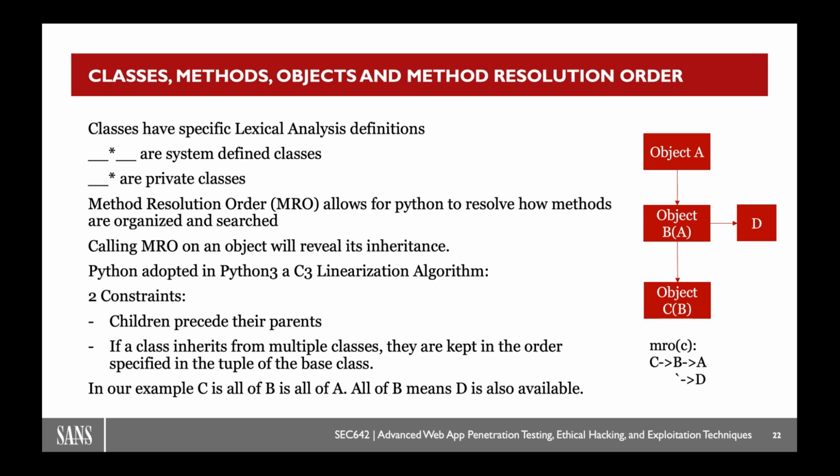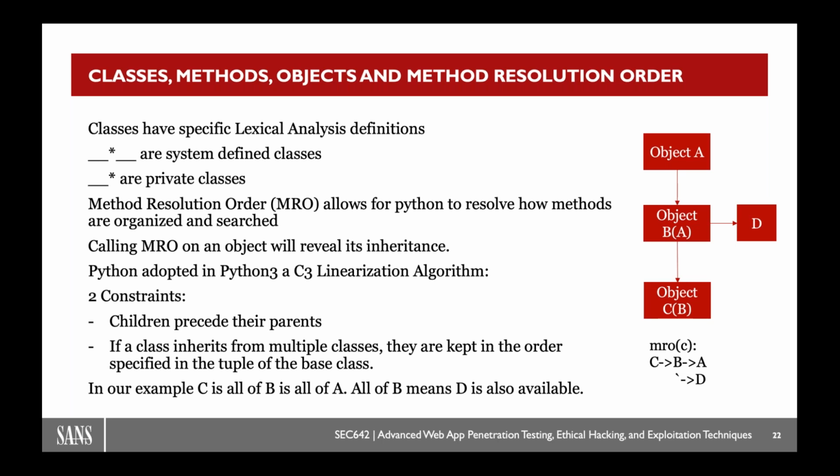In other words, underbar something is something that the Python language has as a private system defined class. So __main__ is the main function of your application. If you've ever seen that in Python, you've seen underbar underbar main underbar underbar. That's something that Python uses as an entry point. Underbar underbar and something are just private classes. So just keep that in mind.